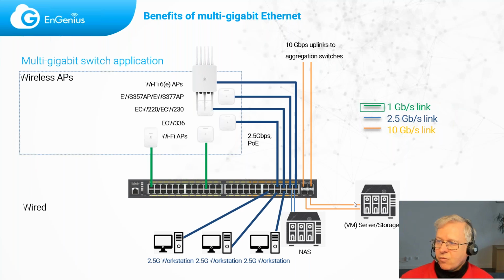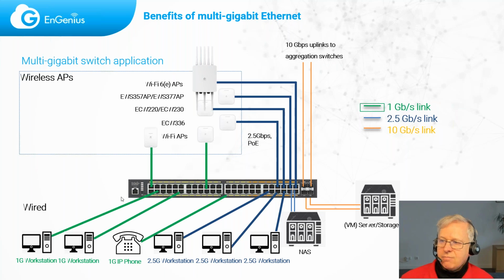And wired, there are lots of workstations now with 2.5 gigabit ports. Connect them to the 2.5 gigabit connections. Also NASes with those types of ports. And the other stuff, 1 gigabit workstations, and of course IP phones, stuff like that, you can connect to your 1 gigabit ports.